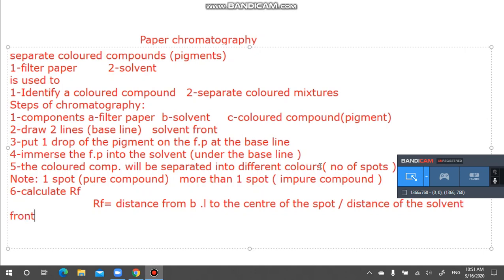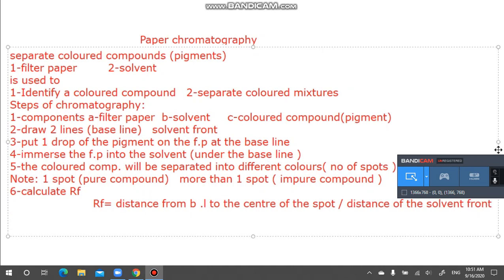What is the solvent front? The solvent front is the distance from the baseline until the highest point that the solvent will reach. This is called the solvent front.